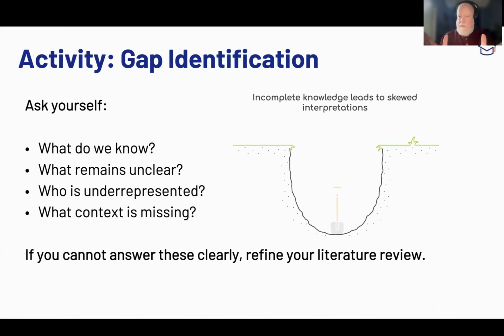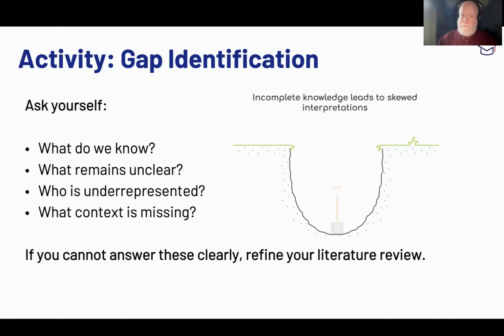So let's look at this gap. We know all this stuff. So and so has researched this and found this using this method with this population to look at this, and we found this. But here's what they neglected.